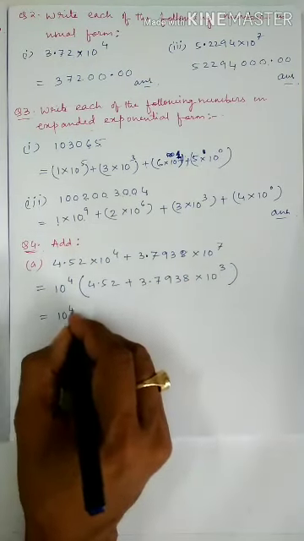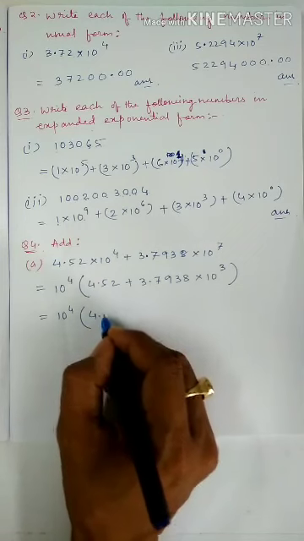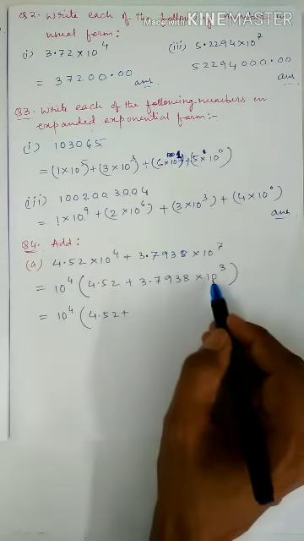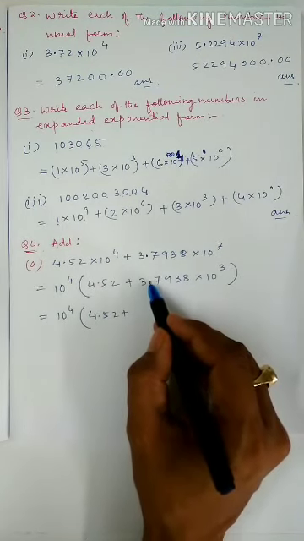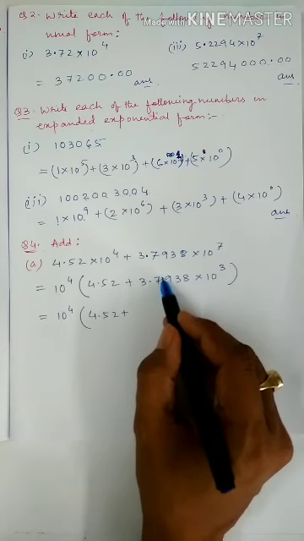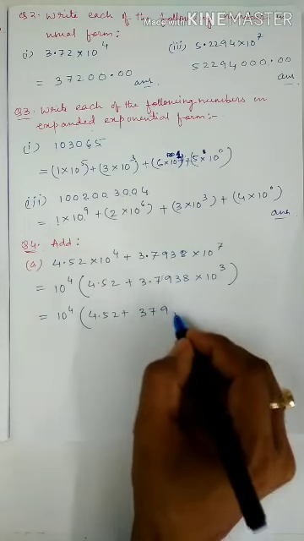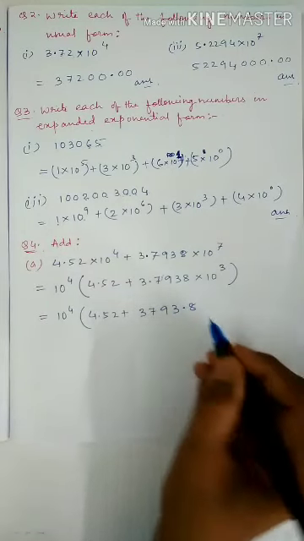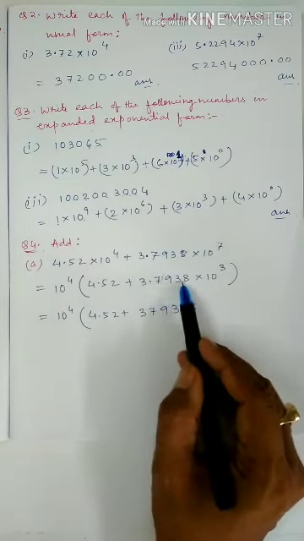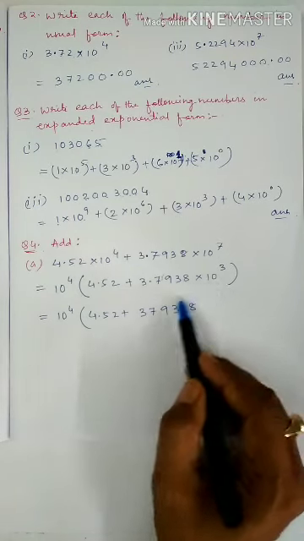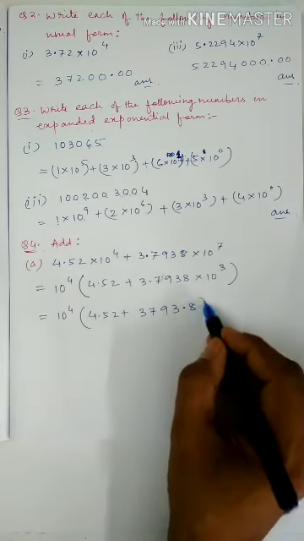So 10 to the power 4 into 4.52 plus, if we multiply by 10 to the power 3, decimal will shift 3 places. 1 place, 2 place, 3 place. So it will become 3793.8. Decimal has shifted 3 places.